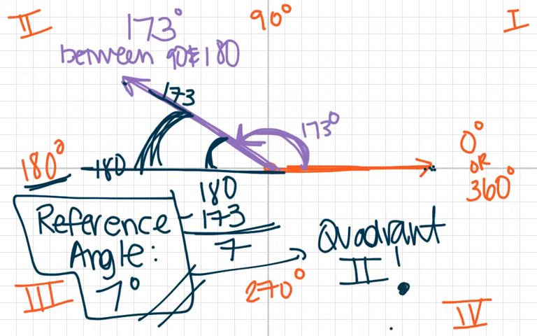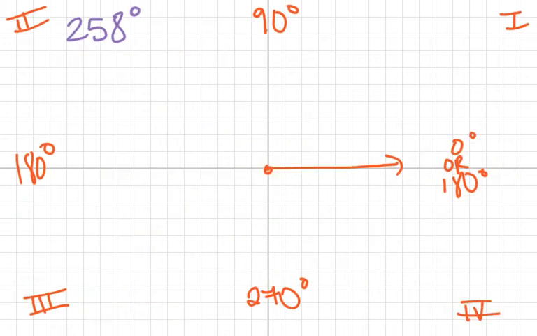All right. So let's move on to our third example. We are looking at 258 degrees. So where does this fall between? Which of these four numbers does that fall between? 258 is past 180. It's actually before 270. So that angle will start, always it starts here, right?